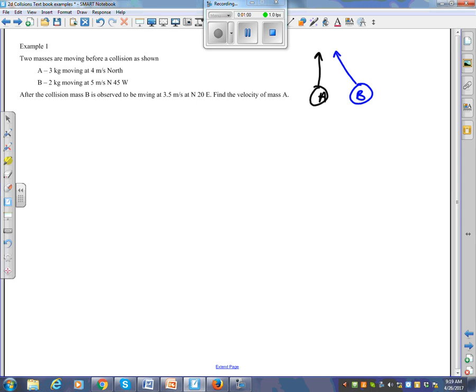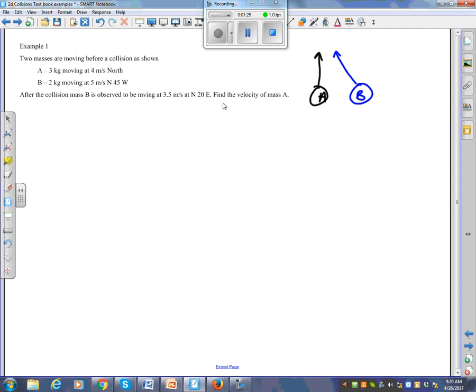Okay, so maybe two curling rocks, although two are very rarely ever going at the same time like that. Where are these two going to go? Just sort of your gut tells you A is going to go kind of forward and to the left, and B is going to go kind of forward and to the right, right? And in fact, after the collision, B is observed to be moving at 3.5 at north 20 east.